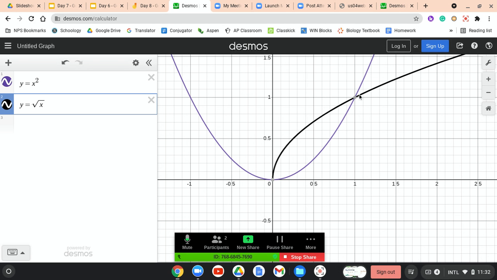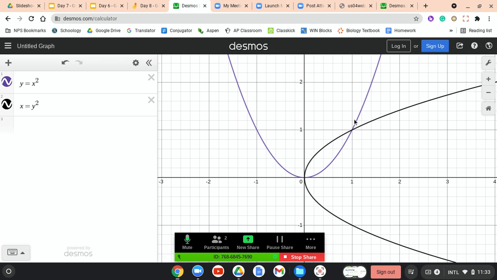Oh wait, this is actually a perfect reminder of what we talked about in Unit 1. Remember how we said that if a function is not one-to-one, meaning an output has more than one input associated with it, it won't have an inverse? Yeah. Well, when we took the inverse of the function, what do we get? Not a function. Exactly. And is that because x squared is not one-to-one?